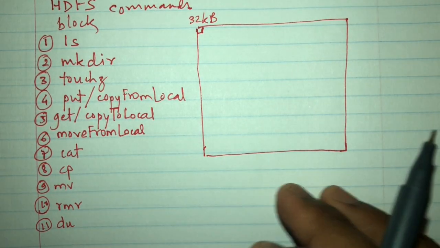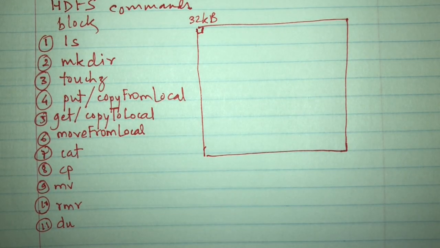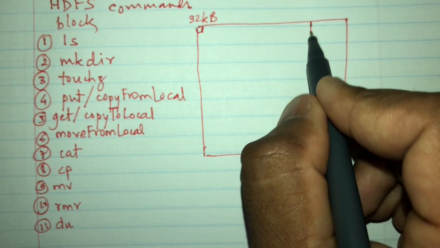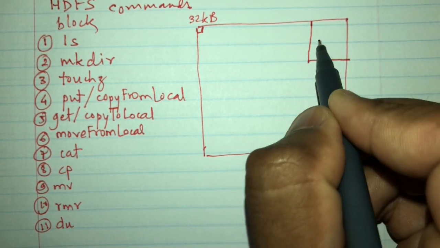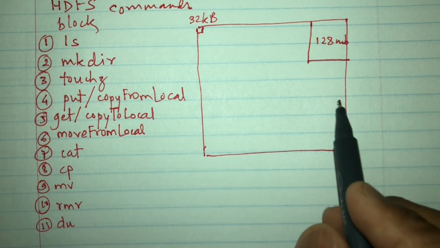You haven't installed Hadoop yet, so all these are 32 kilobytes. I'm not going to draw it, but as soon as you install Hadoop, each block becomes 128 MB, because that's the block size for Hadoop.